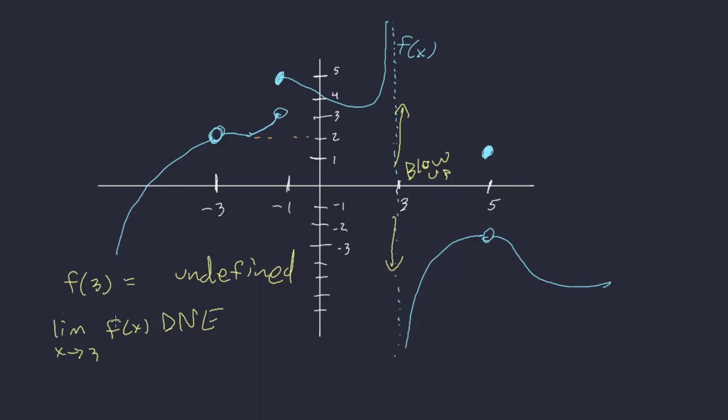If f of 3 or f of a or f of any value is undefined, your function's automatically going to be discontinuous there. Okay, so this is basically a blow-up. Right, because the limit as x goes to 3 from the left of f of x, so from the left it's positive infinity, and from the right it's negative infinity.